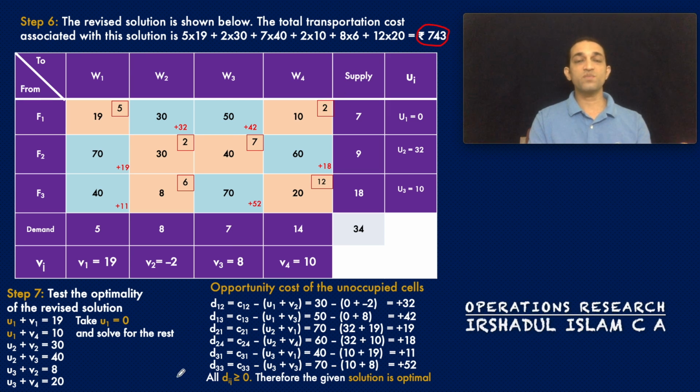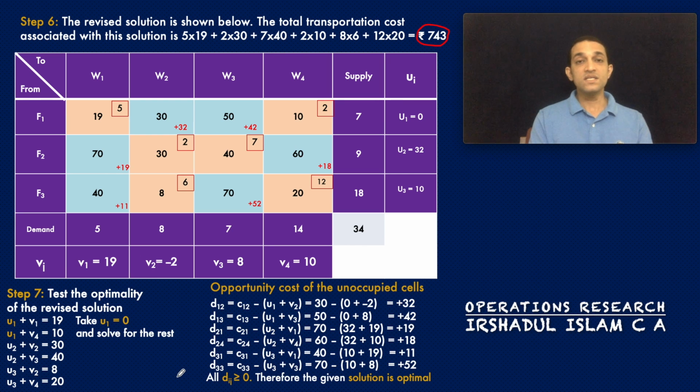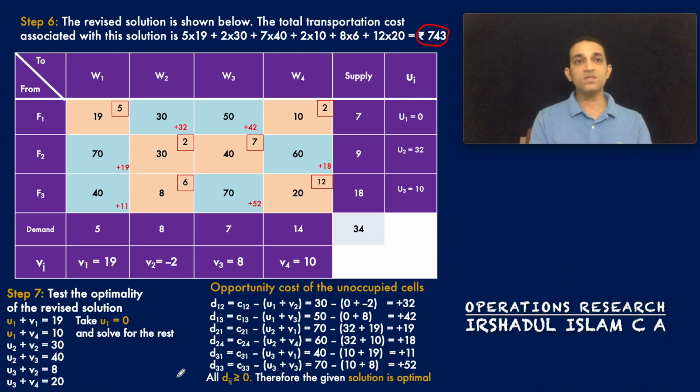Again, the total transportation cost has been reduced. By the method of VAM, we got an initial basic feasible solution with the total transportation cost as 779 rupees. Here the total transportation cost has been reduced to 743. So this is the optimal solution. Hope you understood. Thank you.